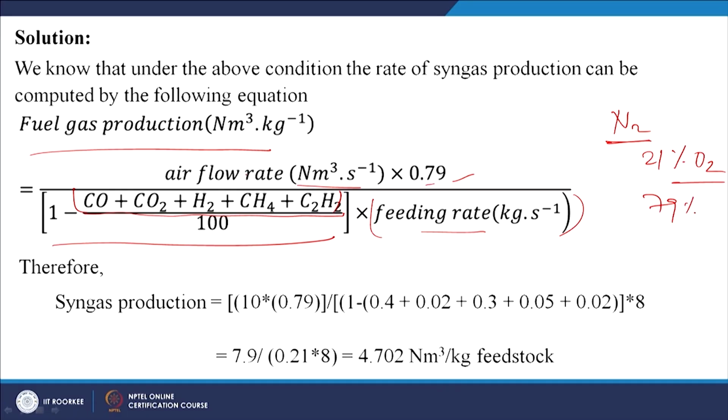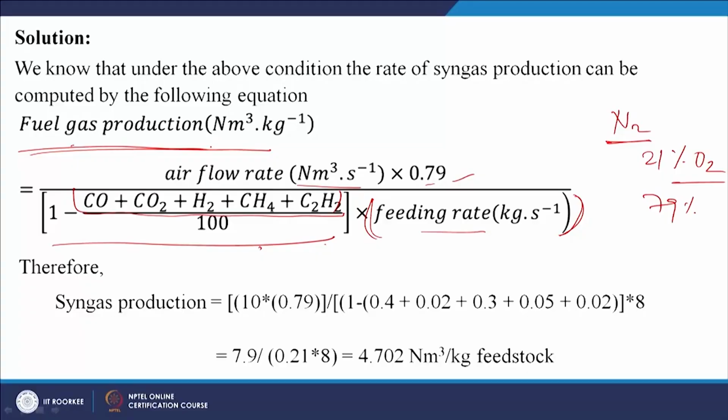So, air flow into 0.79 is the nitrogen available in the air, that is the nitrogen coming in, and the nitrogen available in the flue gas is the flue gas production rate into this term, divided by the amount of material used. So, this formula is used to calculate the flue gas production in the unit of normal meter cube per kg. This we have discussed in the previous class.